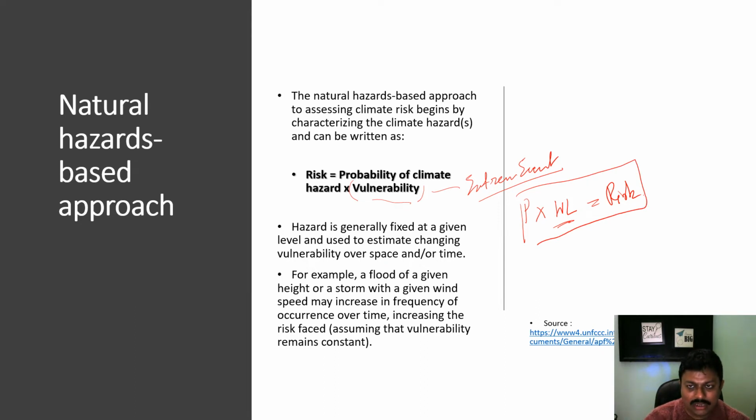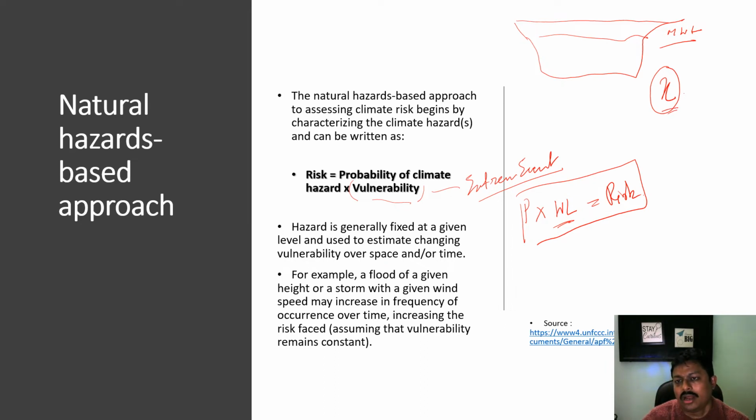Suppose I know that the maximum flood level or maximum water level of this river is X. Now, what is the probability of an event which can raise the water level up to X?